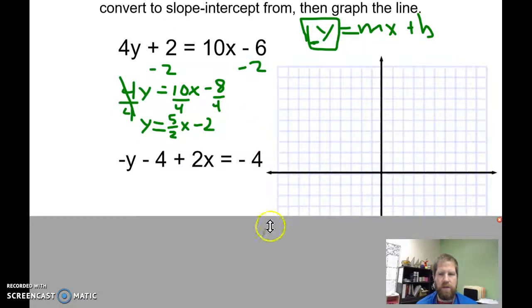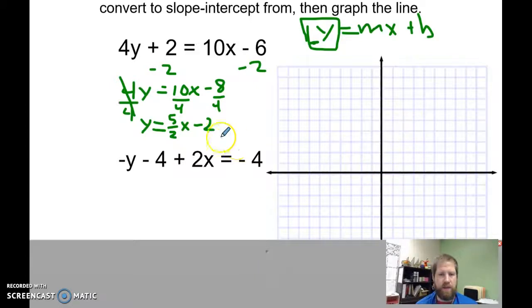Because if I'm doing this one, my y-intercept is negative 2. And then I'm just going to go up 5, 1, 2, 3, 4, 5, over 2, 1, 2, and there's my next point. And it's very easy. If I had this as a mixed number, 2.5, I could get to the same place, but I would be going up 2.5 and over 1, and that's a point on my line.